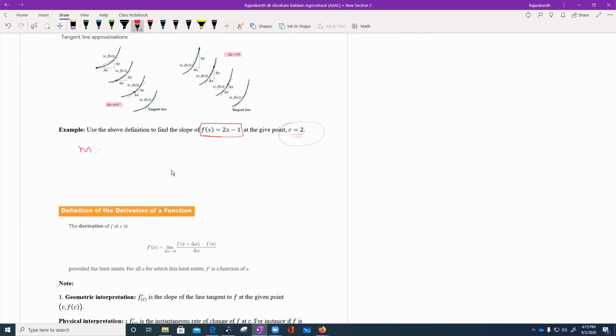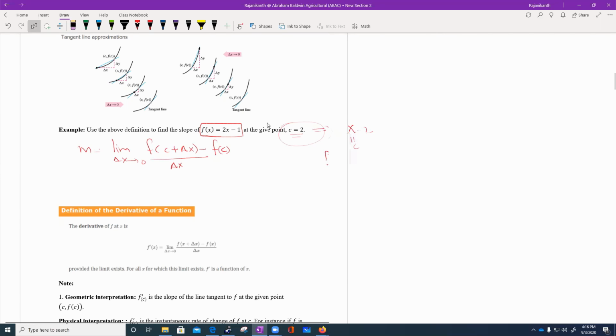The slope m is given by the limit as delta x goes to 0 of f of c plus delta x, subtract f of c, over delta x, where c is the x coordinate of the given point. So the x coordinate is 2, that is my c.